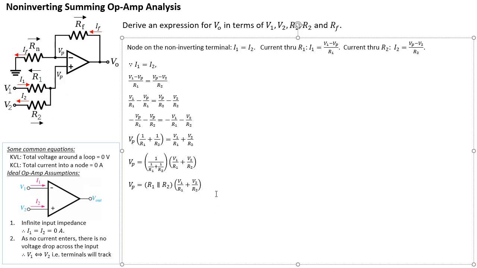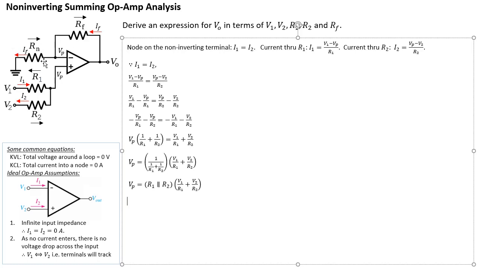All right, so now let's have a look at what about on the top side. Well, if you look at the current IF, since IF flows through RF and then through RN, remember, it doesn't go through the inverting terminal because no current will go through there because of the infinite input impedance, right? So effectively, RF and RN are actually in series, because the same amount of current is flowing through both.